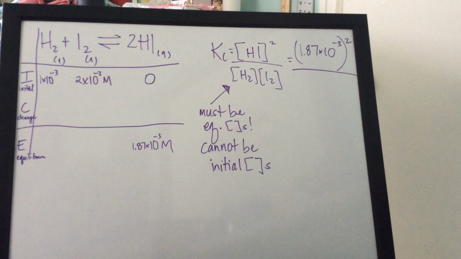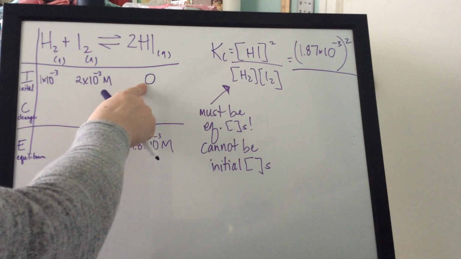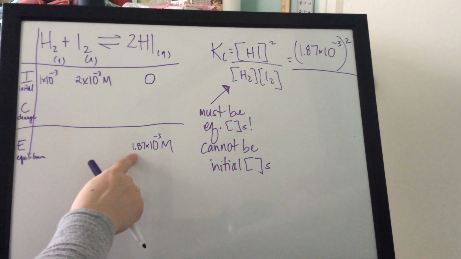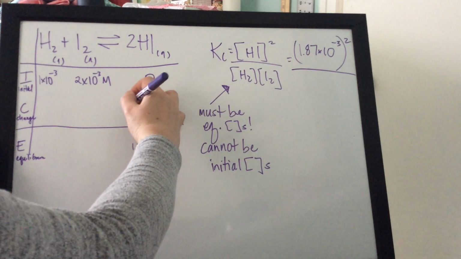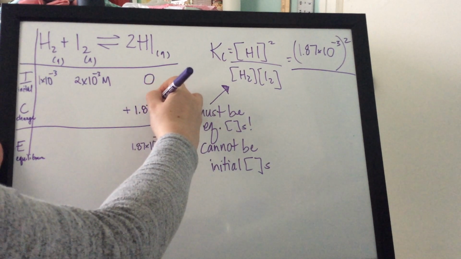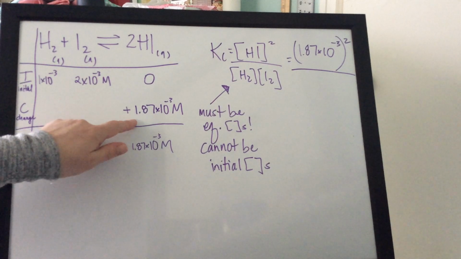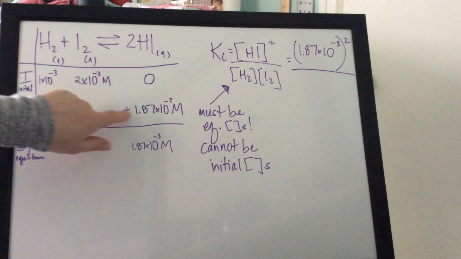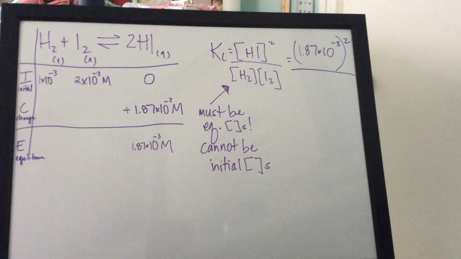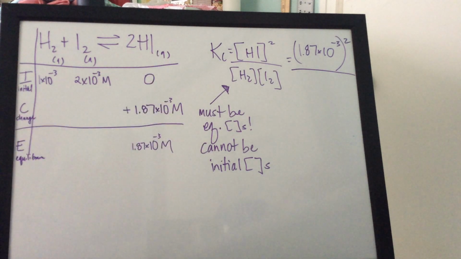Well, if you think about this, the only way that I could have gotten from a concentration of 0 up to a concentration of 1.87 times 10 to the negative third is if I added, okay, or if my concentration increased by 1.87 times 10 to the negative third, because it's like a math problem. 0 plus this has to give me this, okay? So this is the change. The change of this is that it increased by this much.